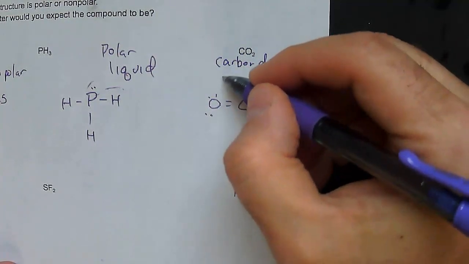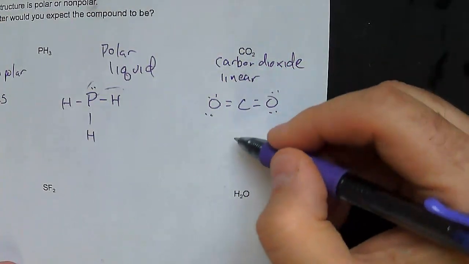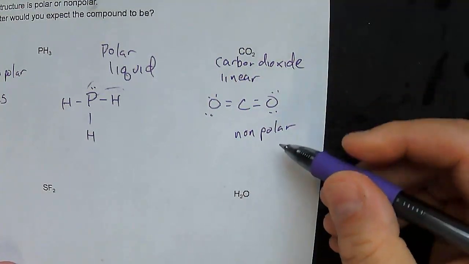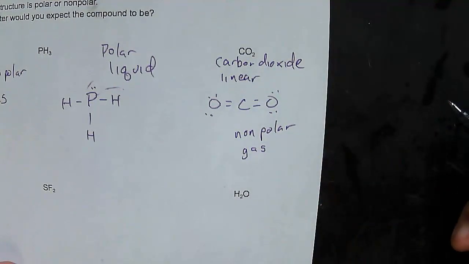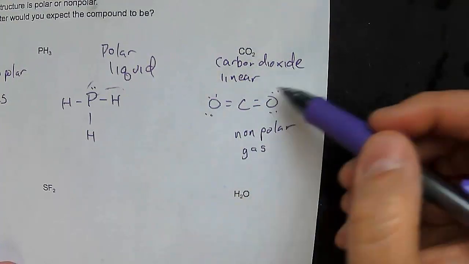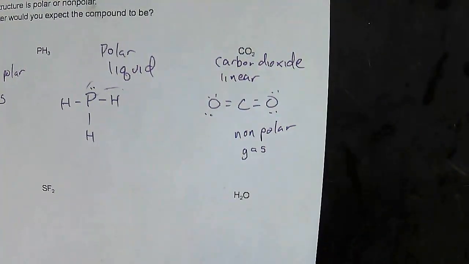We can say that this thing is linear. We can say that this is non-polar, and because it's nonpolar, we could say it's a gas. So there's all sorts of things that we can tell from the Lewis dot structure, just to keep that in mind.